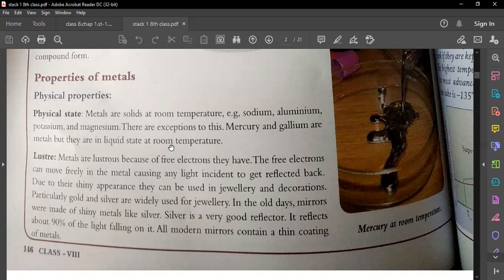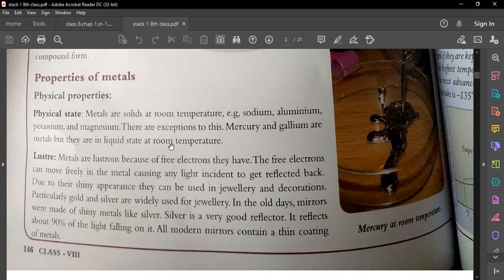Even gallium is solid at room temperature. Gallium has a low melting point, but room temperature means 25 degrees Celsius. At 25 degrees Celsius, all the metals are solids only, except mercury.